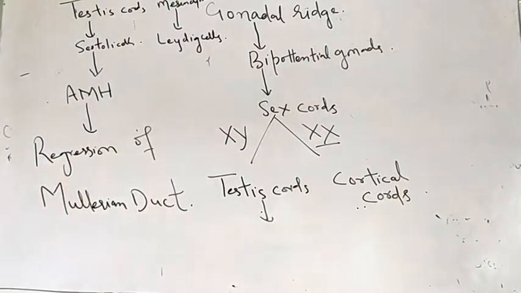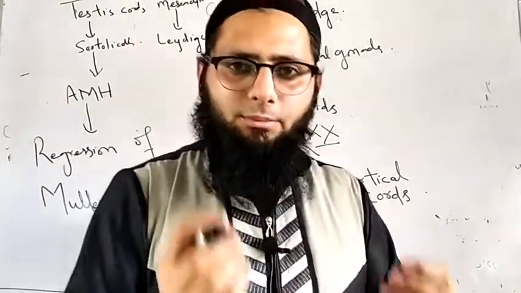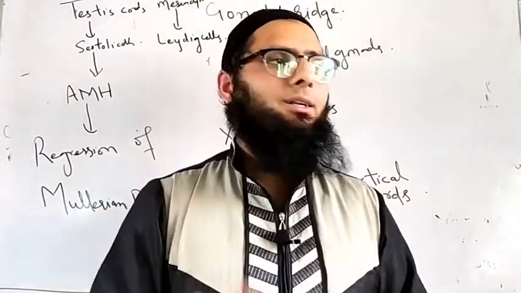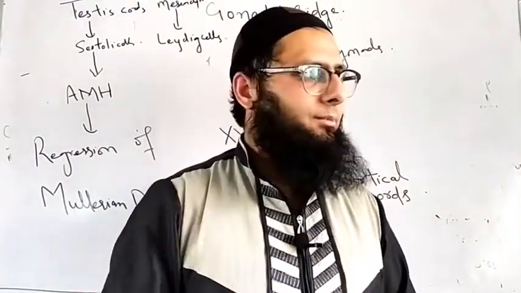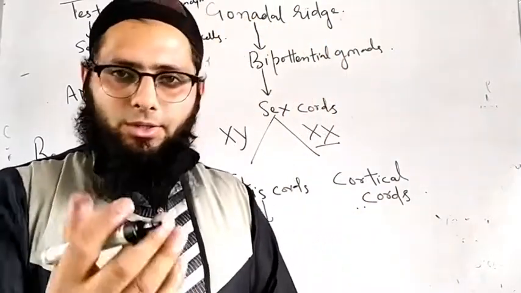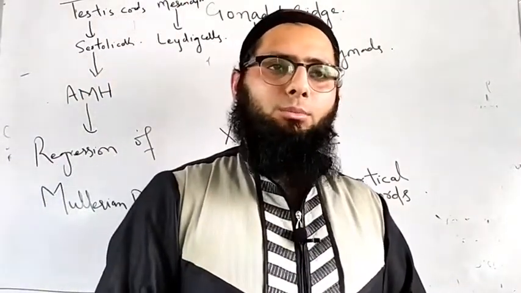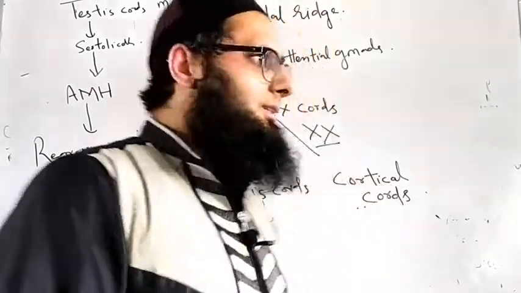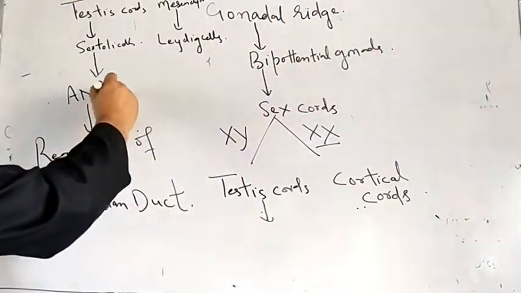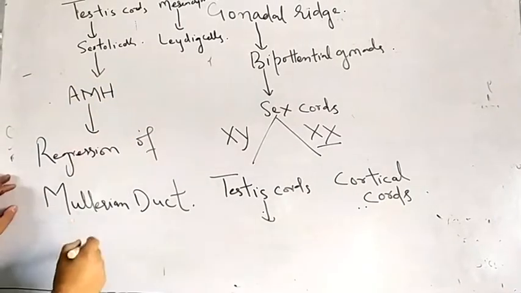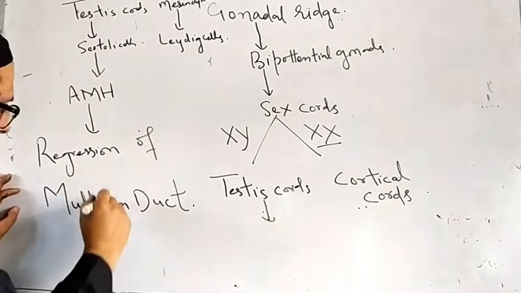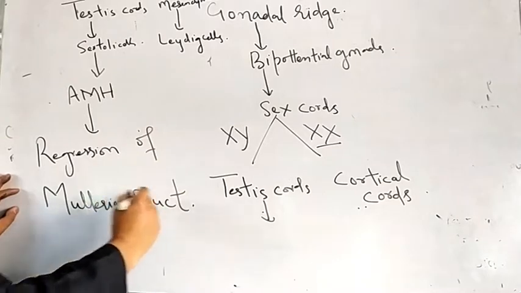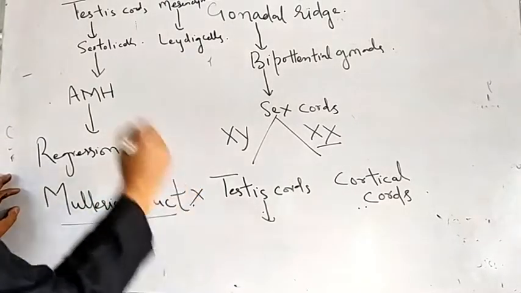You know, the Mullerian duct is the precursor of the female accessory reproductive organs. In females, it forms the uterus, the oviduct, the upper part of the vagina, and the cervix. But in males, because of the secretion of AMH, anti-Mullerian hormone, it regresses and degenerates. Okay, so this is degenerated.